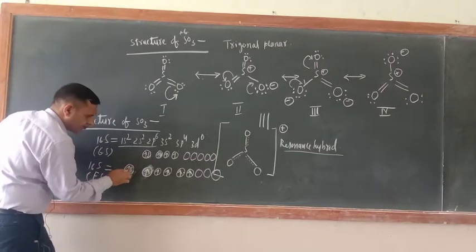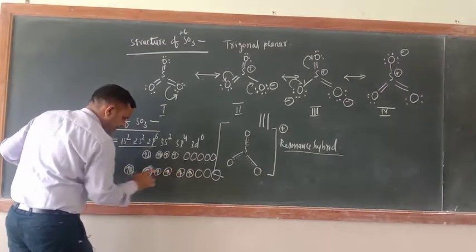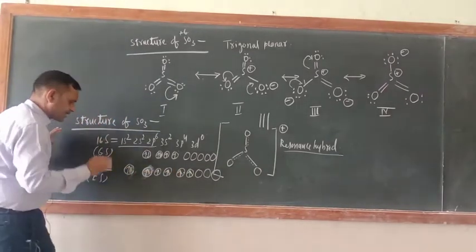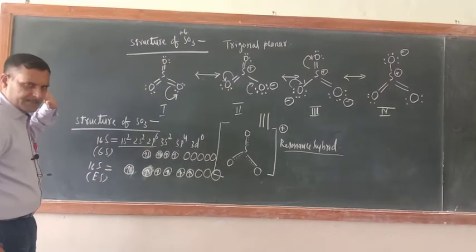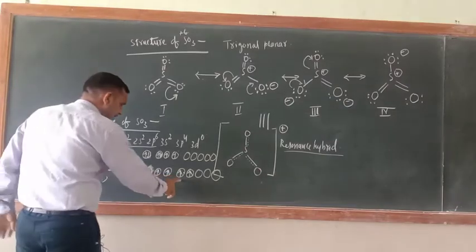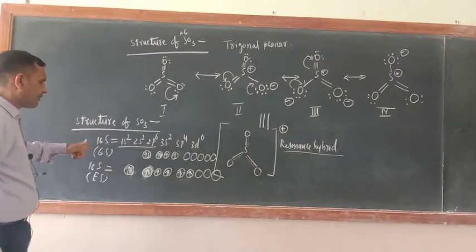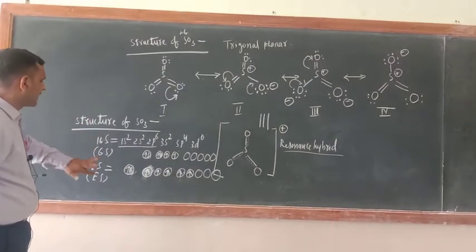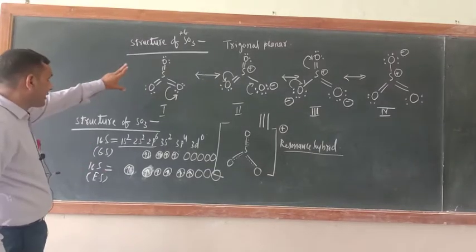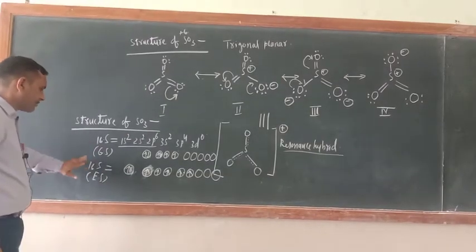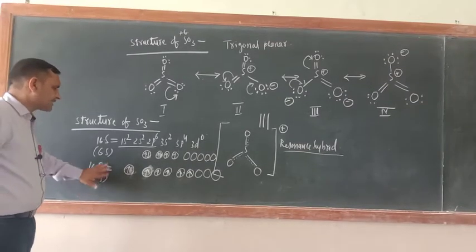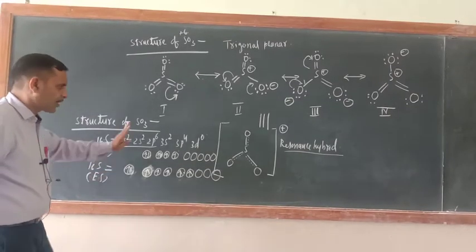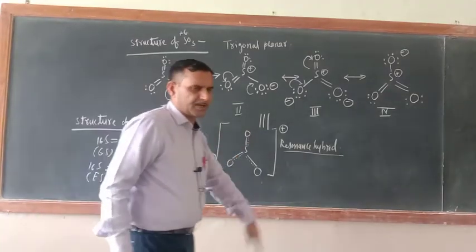Just see 1, 2, 3, 4, 5, 6: 6 electrons are there, not 7. 6 unpaired electrons are present. 2 3d orbitals are involved here. What kind of hybridization would there be? We'll tell you that also. What is the hybridization state of sulfur here? We'll explain. Right now this is the excited state of sulfur. I will rub this side and we'll explain.